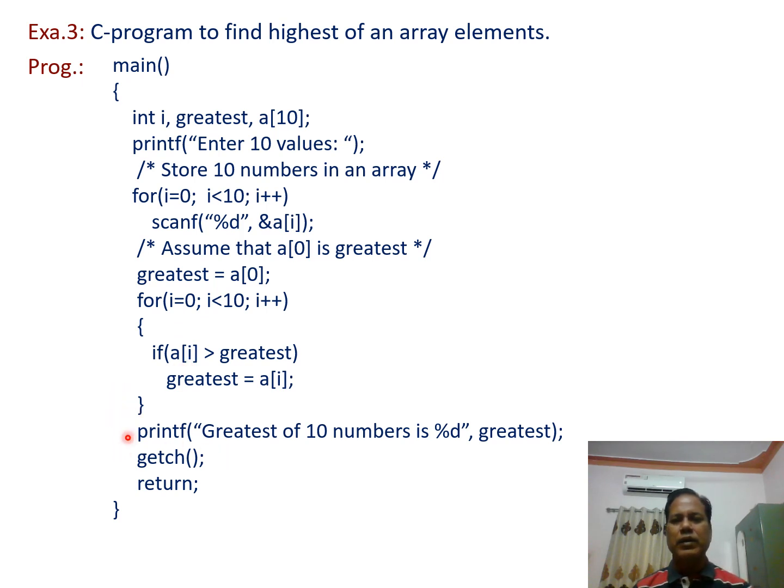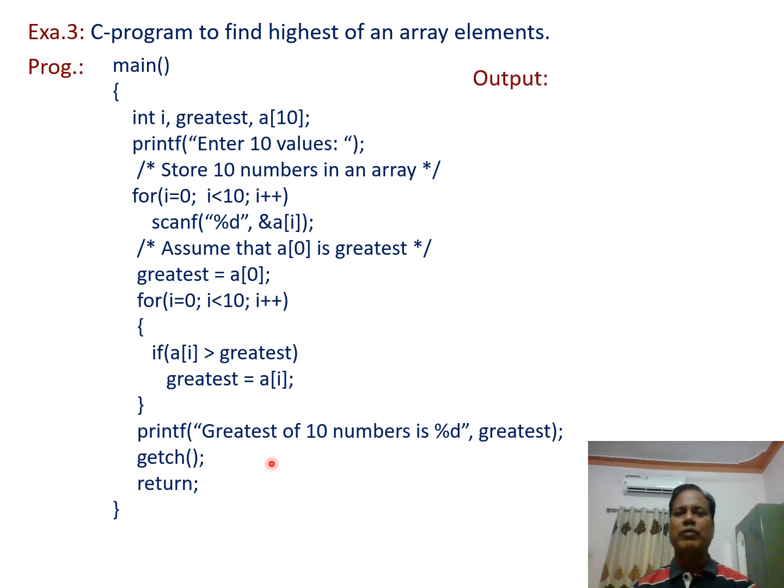Then, outside the for, using the printf statement, "greatest of 10 numbers is %d", the greatest value is printed. This statement brings the output screen in front of you where you see the result, and the return statement is always written to indicate that the program ran properly.